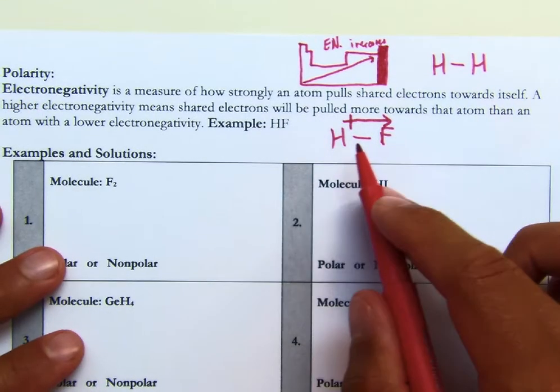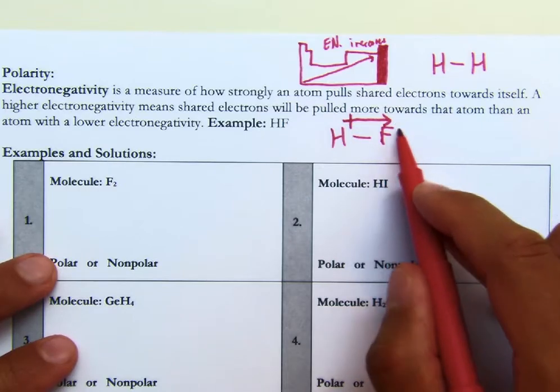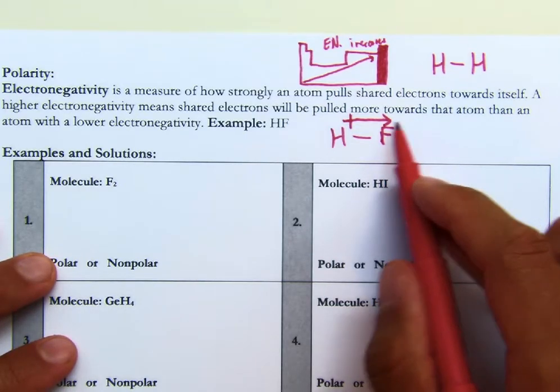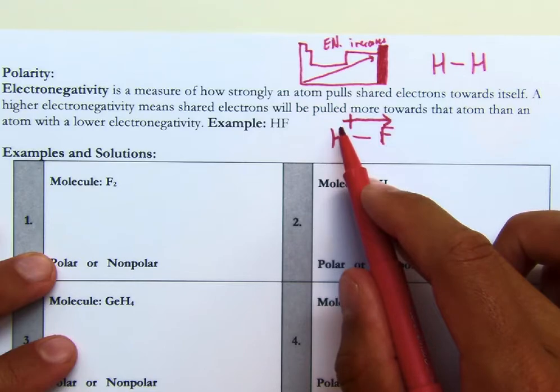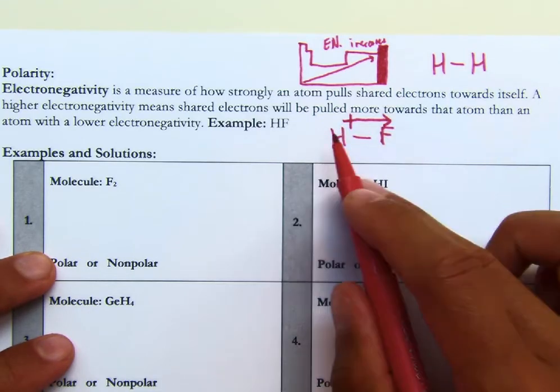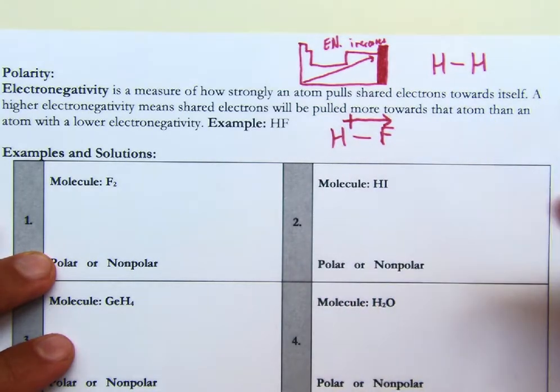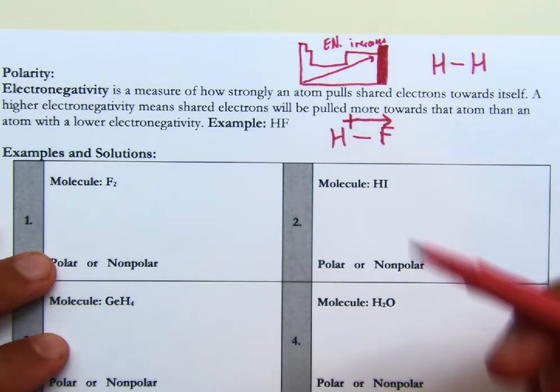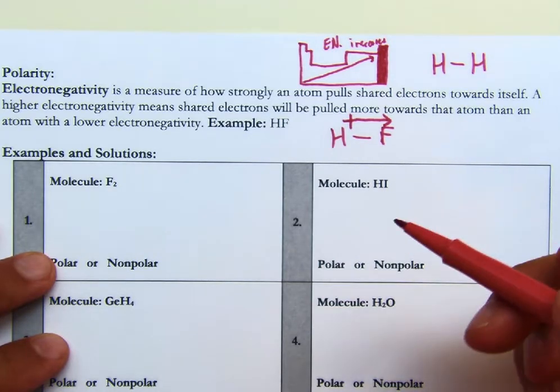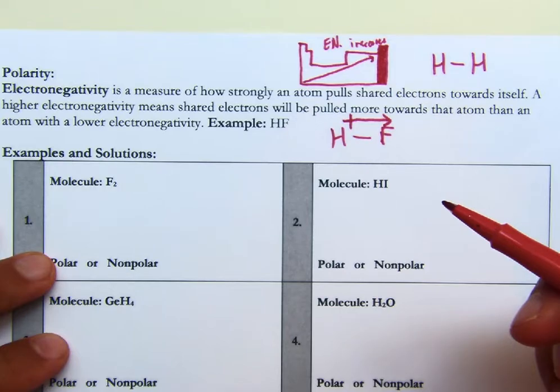If you get polarity on a bond, it creates a region that's more negatively charged and a region that's more positively charged. And positive and negative regions then interact with nearby molecules that have positive and negative regions, and opposites attract, and you start getting these stronger intermolecular forces, forces between molecules.